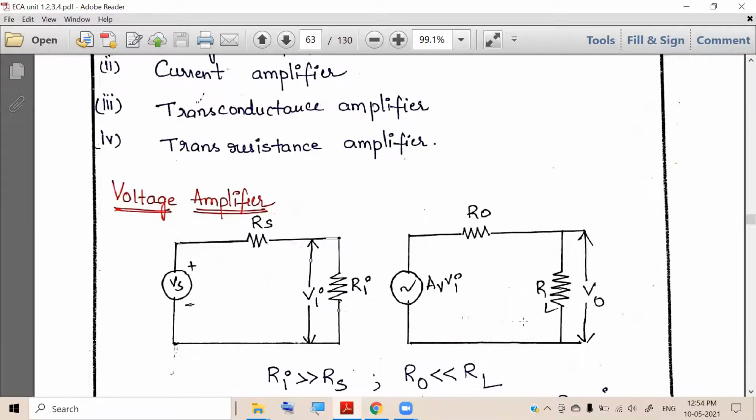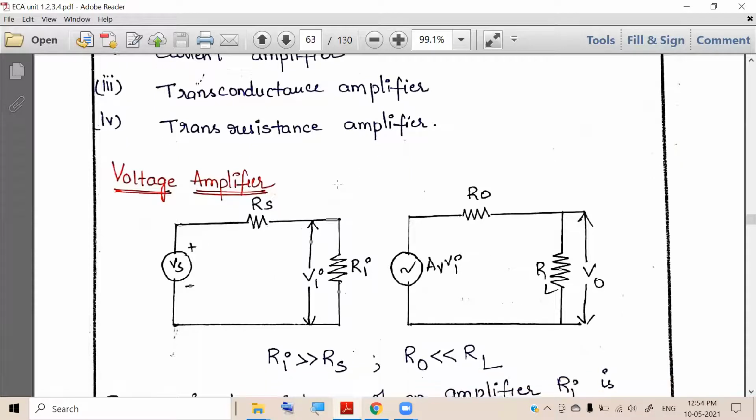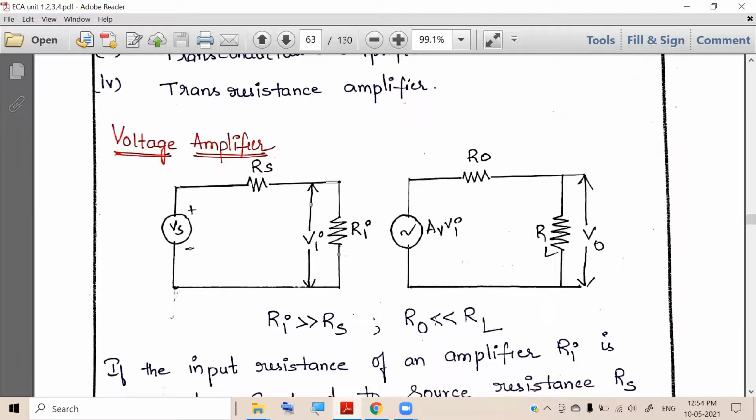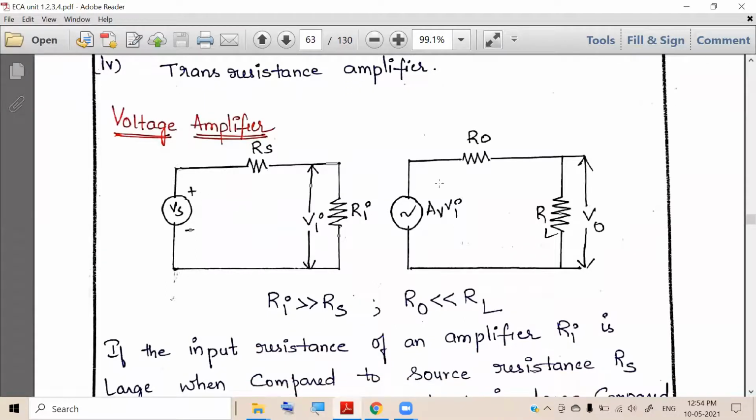So, the condition for a voltage amplifier. This is general, this could be any amplifier, but you will call it a voltage amplifier if it satisfies the condition Ri much greater than Rs, and R0 much less than RL.